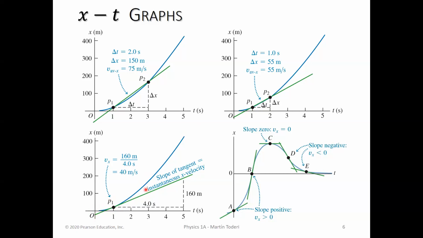So remember, this curve is position over time. So this is x(t), right? This is a function. So when we get to this point, the straight line in green here is going to be the tangent at that point, and the slope of that tangent is actually the instantaneous velocity.